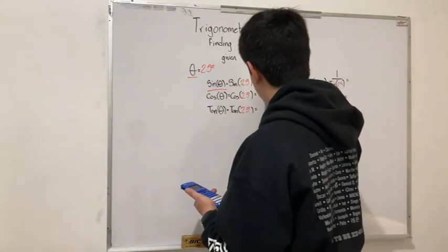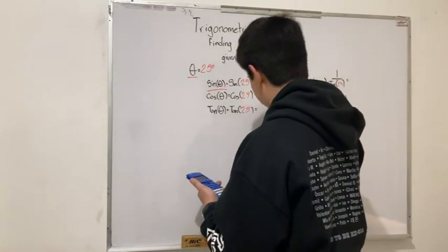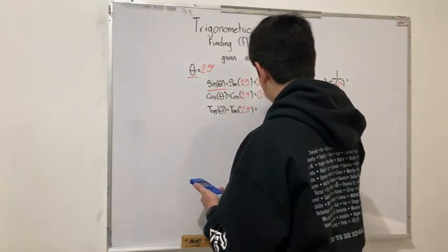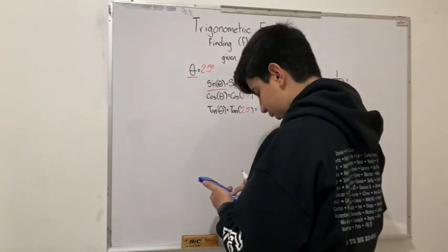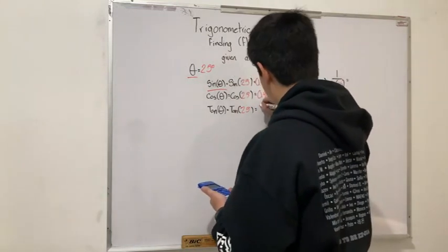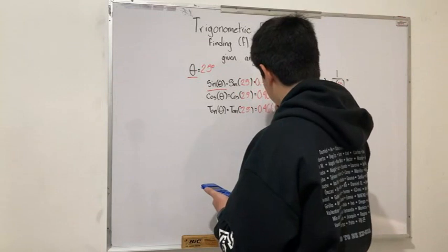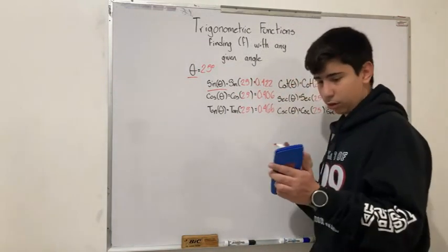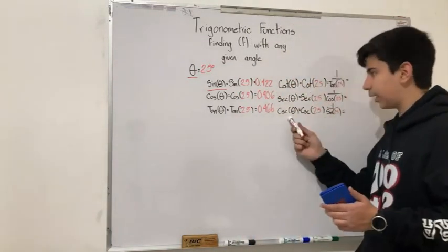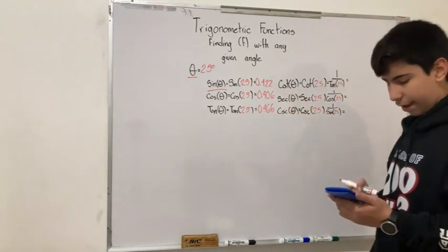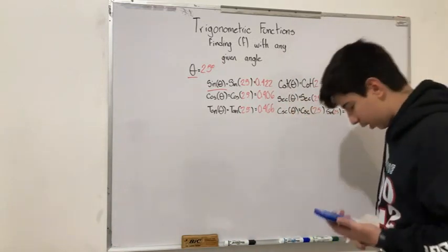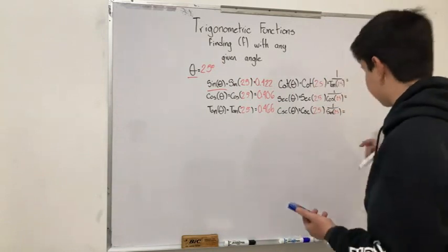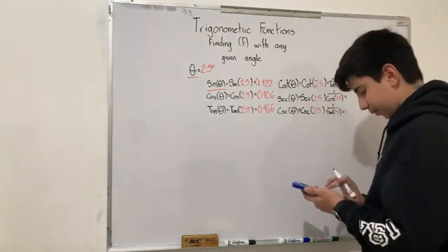Now I do the same with cos. It will give me 0.906, and with tangent, 0.466. So that's how you use it. But how do we get cot, sec, and csc if I don't have them in the calculator? Pretty simple, I divide.